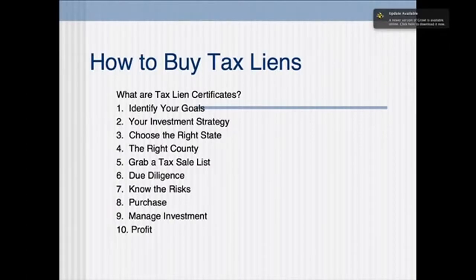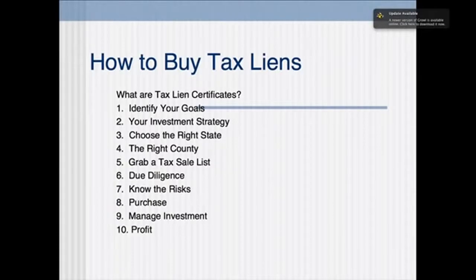Or is your investment strategy more of the, hey, I want to acquire properties? So depending on your investment strategy, you're going to choose a specific state that actually aligns with your investment strategy, because every state is different. And that's step number 3. You need to choose the right state that aligns with your investment strategy.